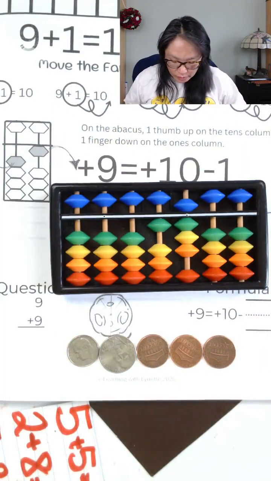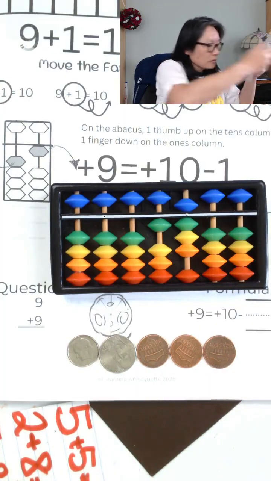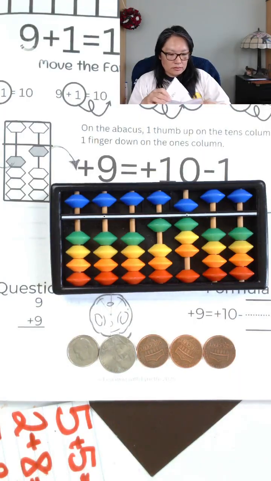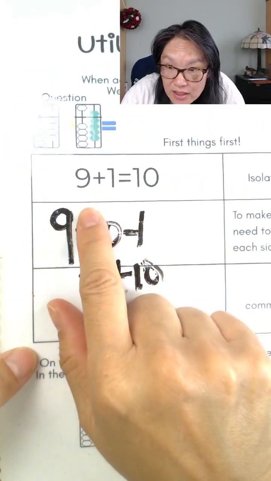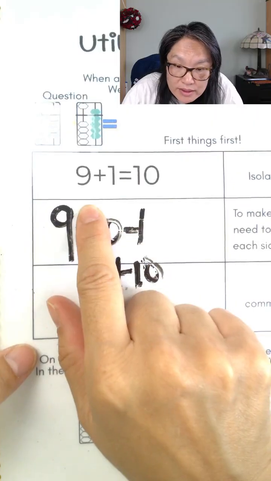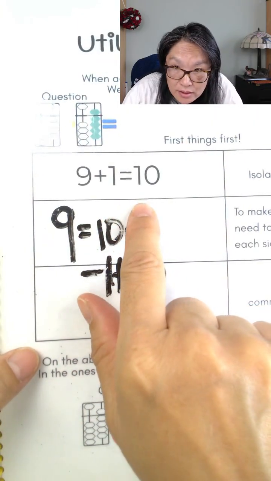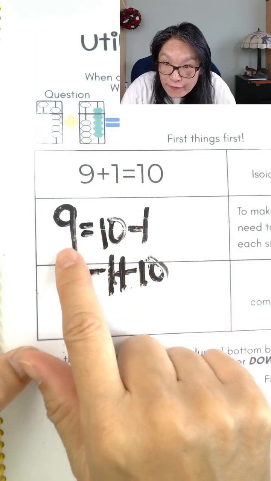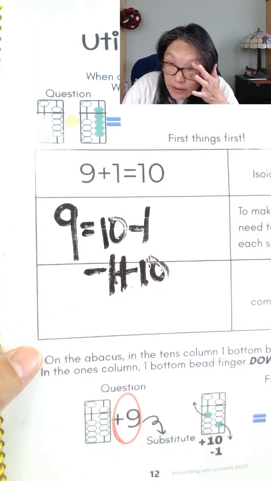We're getting to the point where we start substituting our information. We have this concept: 9 plus 1 is equal to 10. We know this. Let's modify it. If we modify it, we have 9 is equal to 10 minus the 1. It's just a different way of thinking.